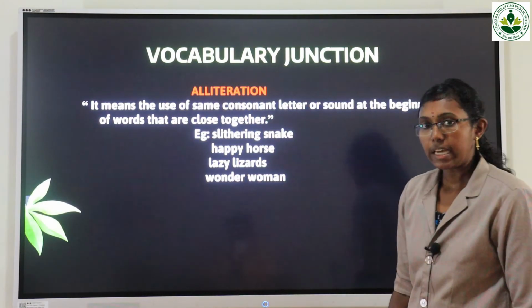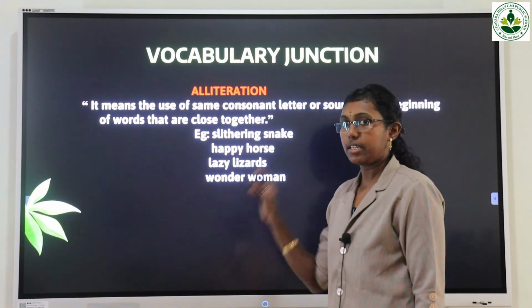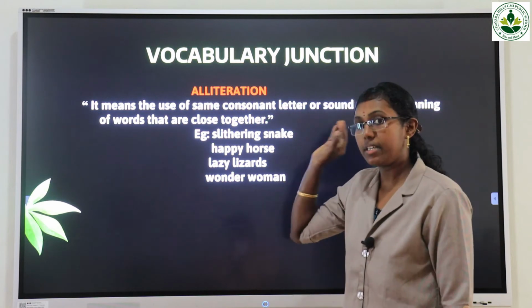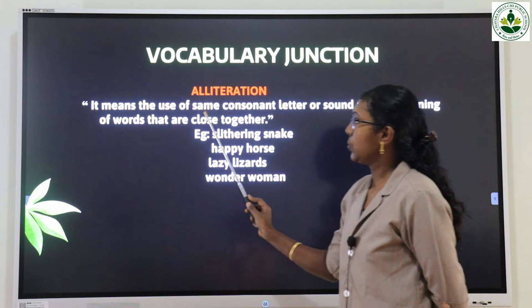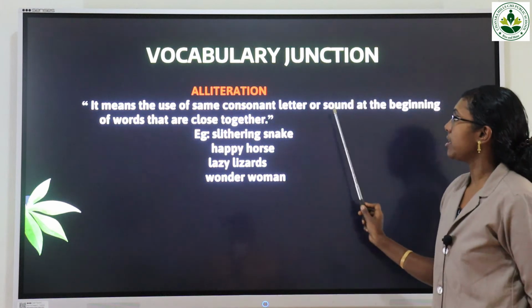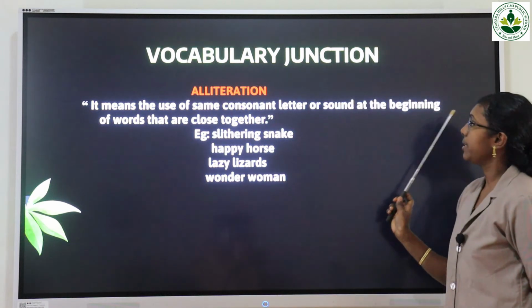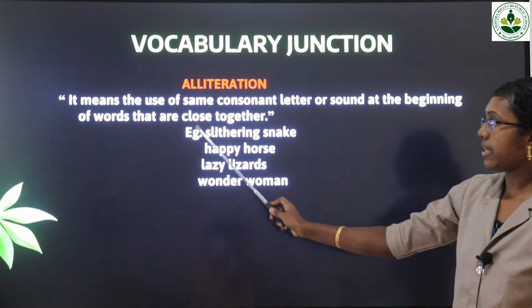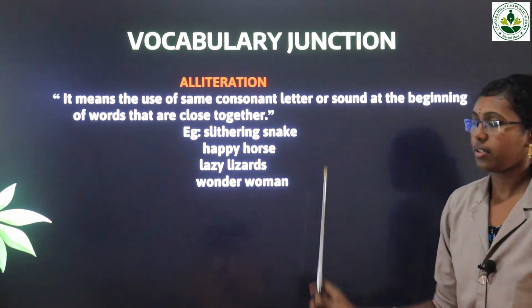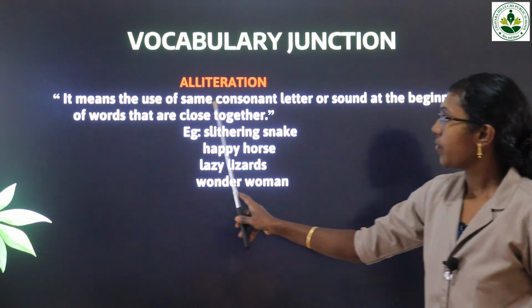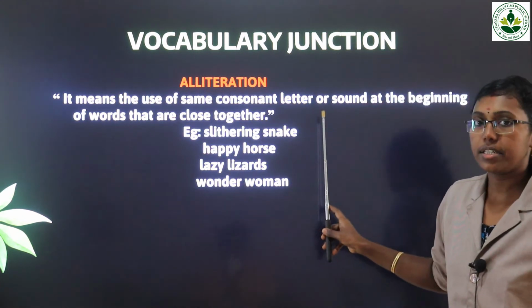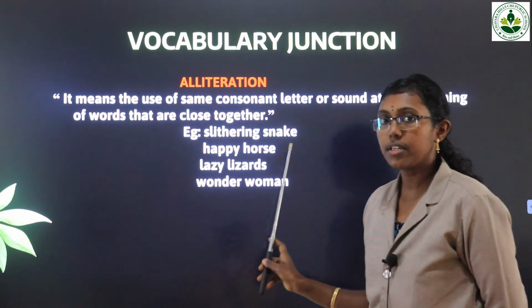A new term is there, alliteration. Okay, this is a term, alliteration. We can see what we mean by alliteration. It means the use of the same consonant letter or sound at the beginning of words that are close together. What is a consonant letter?